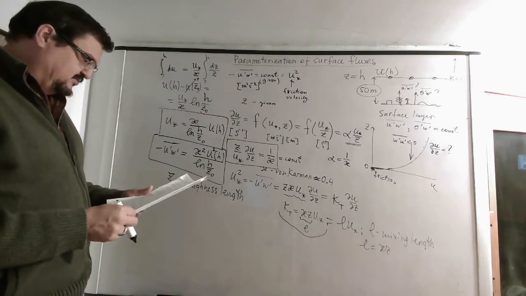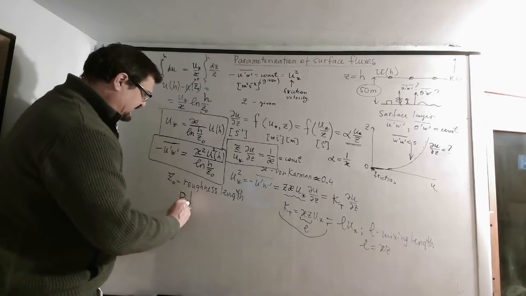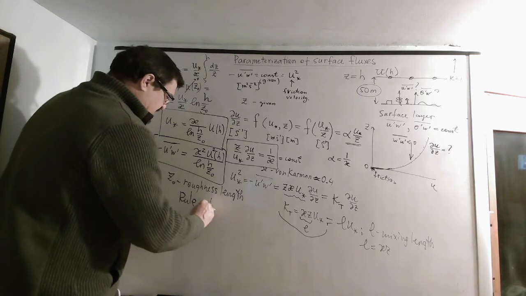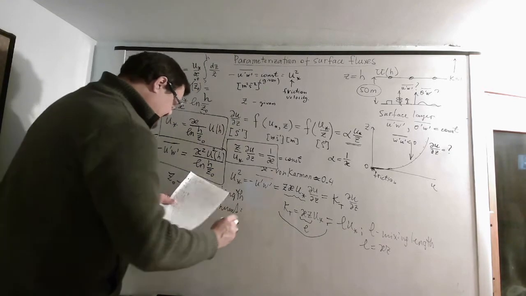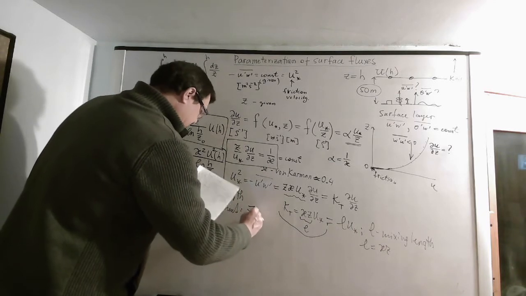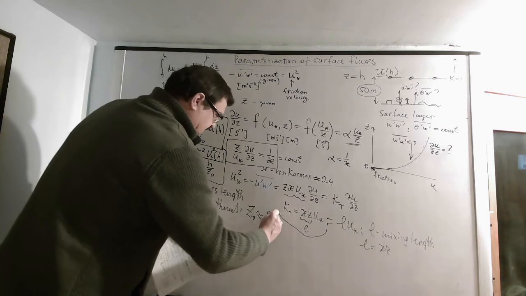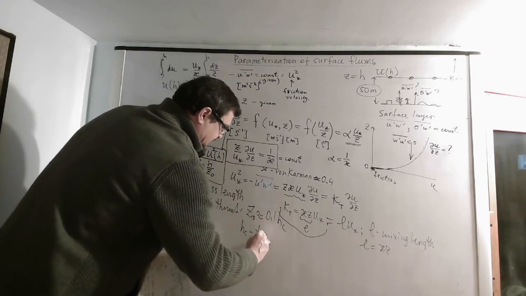A typical rule of thumb, which is not exact but gives you an idea, is that z naught is about 10%, or 0.1, of hc, where hc is a typical obstacle height.